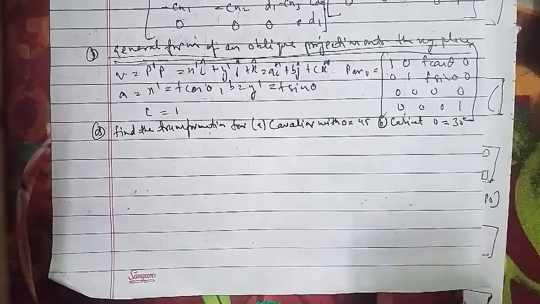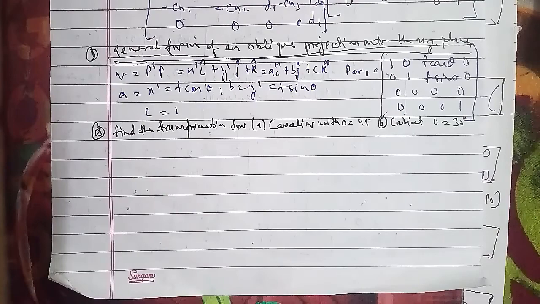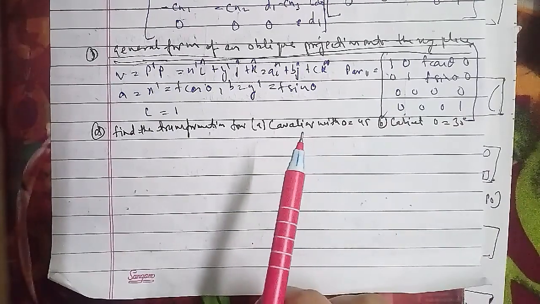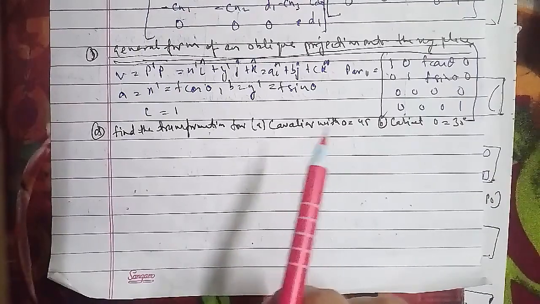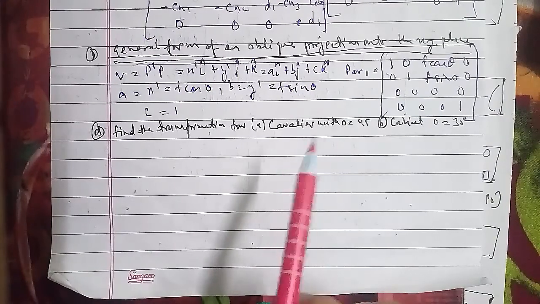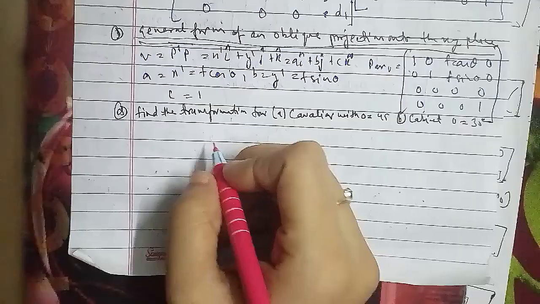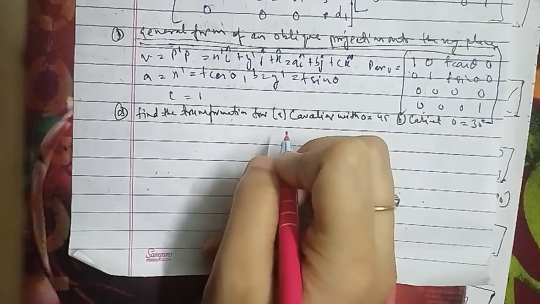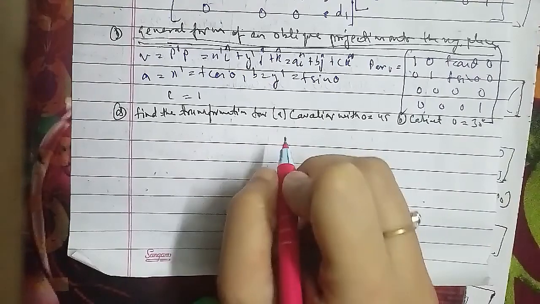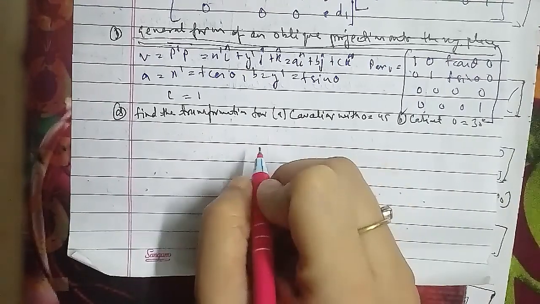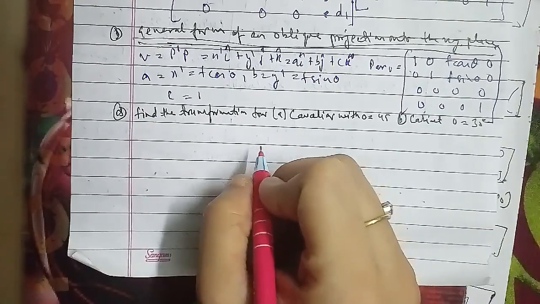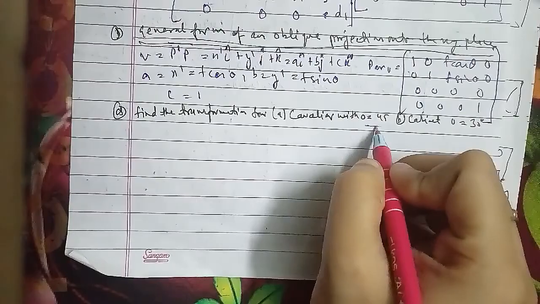The Cavalier projection is an oblique projection where there is no foreshortening of lines perpendicular to the xy plane, as I told you, and we see that f equals 1 with theta equals 45 degrees, as mentioned here.